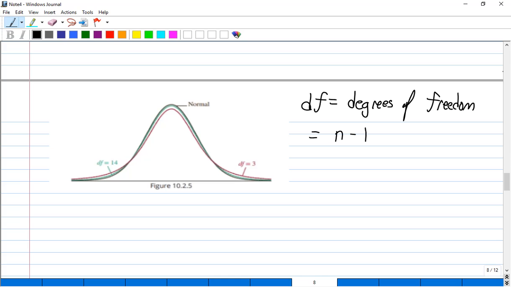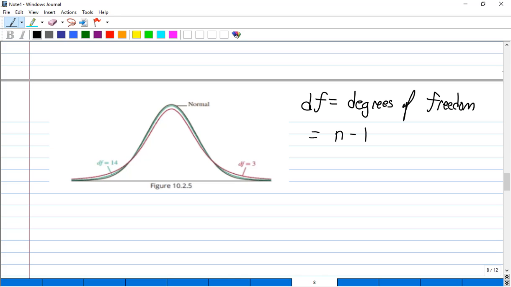Because if you look at table D, D is in delta, you can see that we have values in table D. Table D is in your formula packet. On the very far left, there is a column that says degrees of freedom.